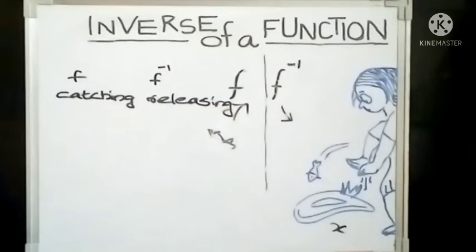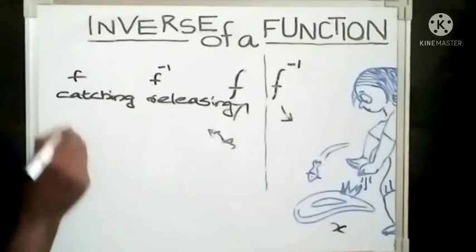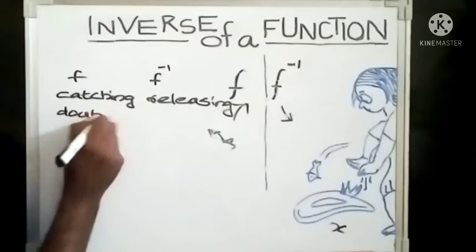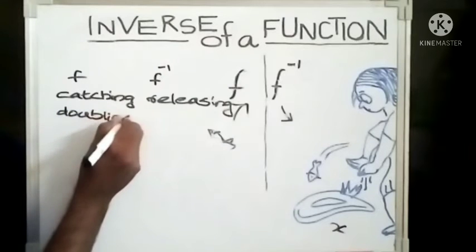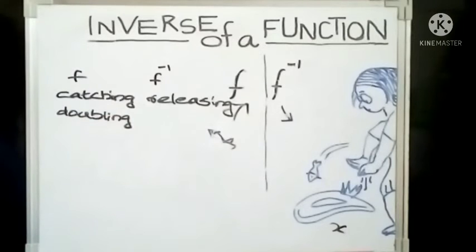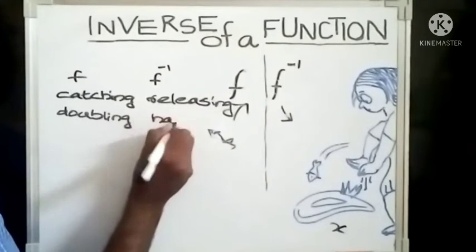And if f is doubling something, what is the reverse activity? The reverse activity of doubling is nothing but halving it, making it half. F inverse is halving.